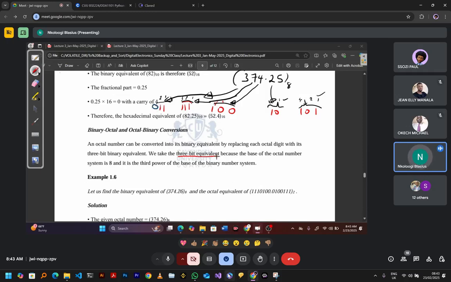If it was the fraction part, it will be still the same thing. For example, a number like 0, I still have to add a 0 here because this doesn't change the meaning even if you convert back to base 10. Okay, so all these are now grouped as 3 bits.